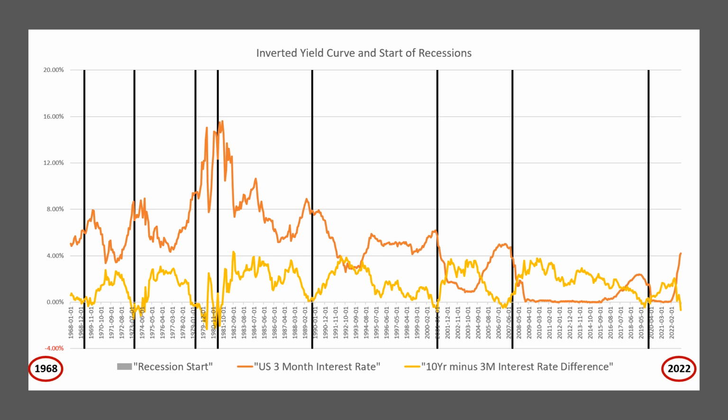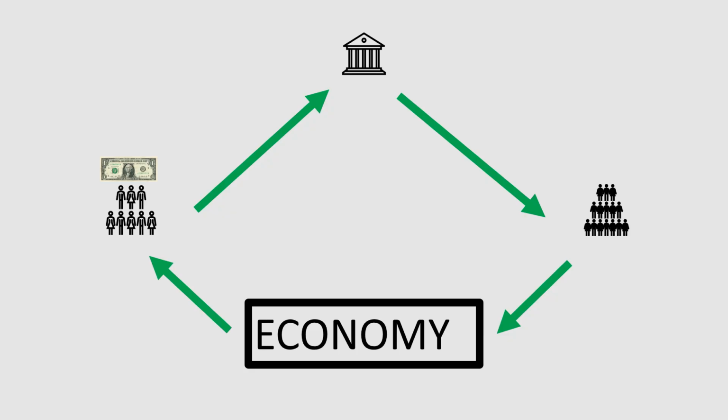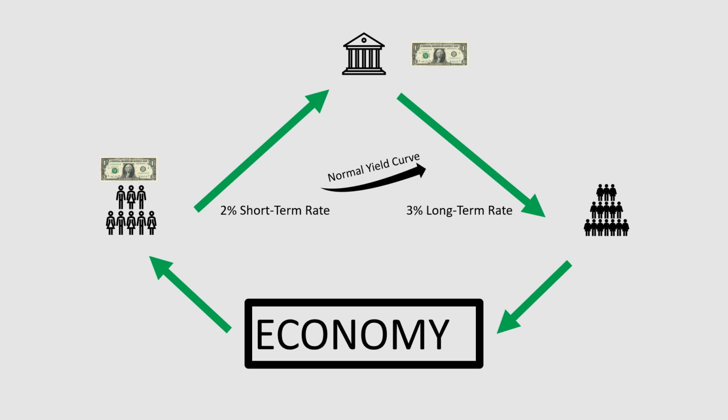So now let's look at how the inverted yield curve affects the economy. An inverted yield curve may create unprofitable banking conditions in the economy. When there's a normal yield curve, banks borrow money short-term at short-term interest rates. They then lend some of the money out at higher long-term interest rates, which earns the bank a profit on the difference between short and long-term interest rates.